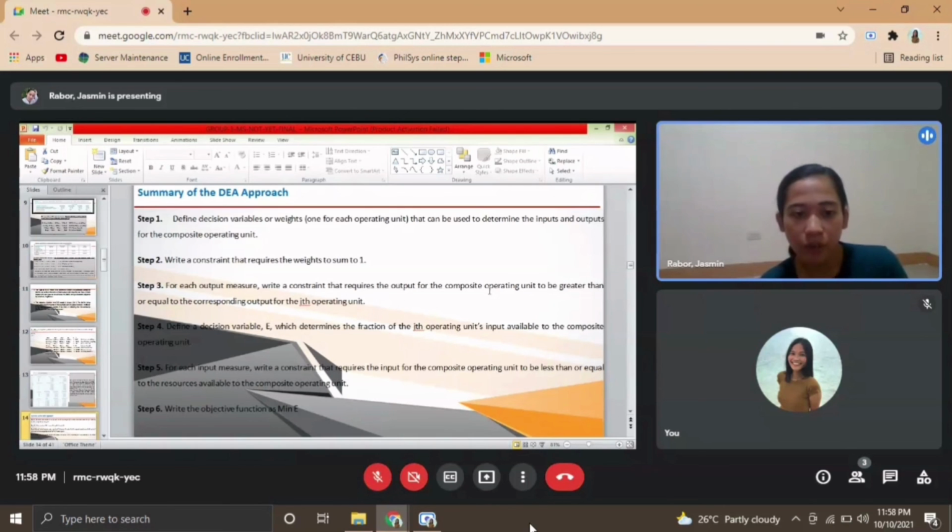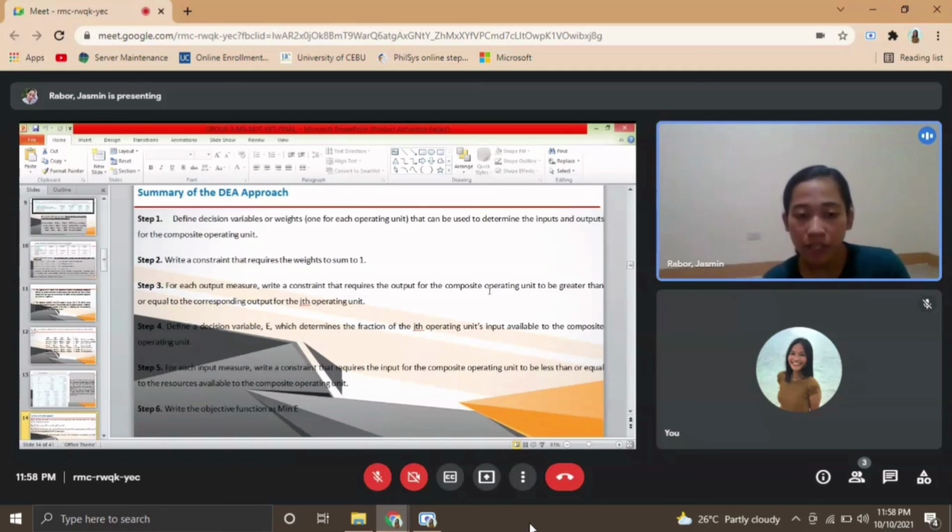And step 3, for each output measure, write a constraint that requires the output for the composite operating unit to be greater than or equal to the corresponding output for the joint operating unit. So, mao ni ganina nga naa tay general form for the output constraints, that output for the composite hospital is to be greater than or equal to the output of the county hospital.